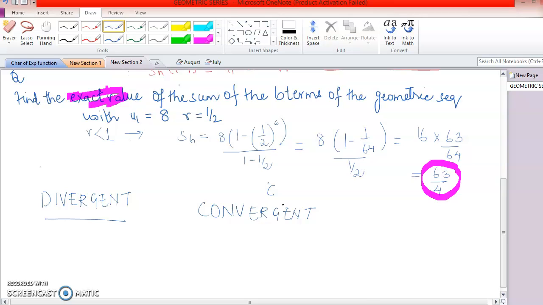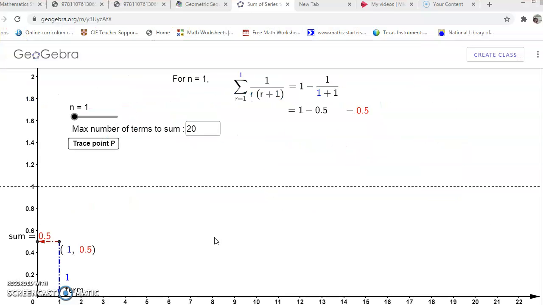Now we're going to take an example and actually see how this behaves graphically to have more clarity of understanding. Here in the GeoGebra tool, we are seeing on the x-axis the terms and the corresponding sum as you keep on increasing the number of terms in this series.